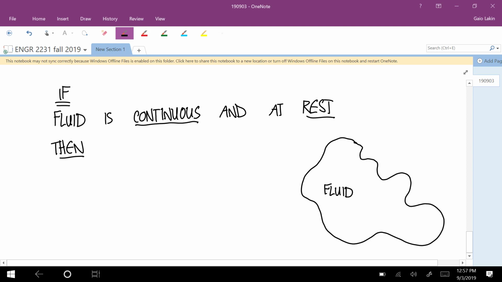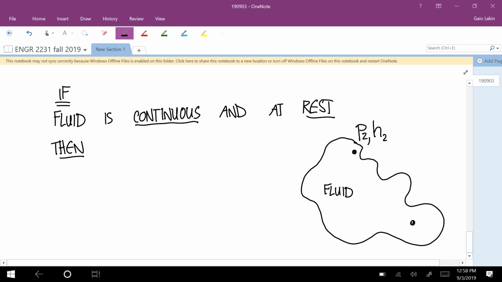Continuous means that there's nothing keeping parts of that fluid separate from each other. And so let's call this point 2, and that's at a height 2.